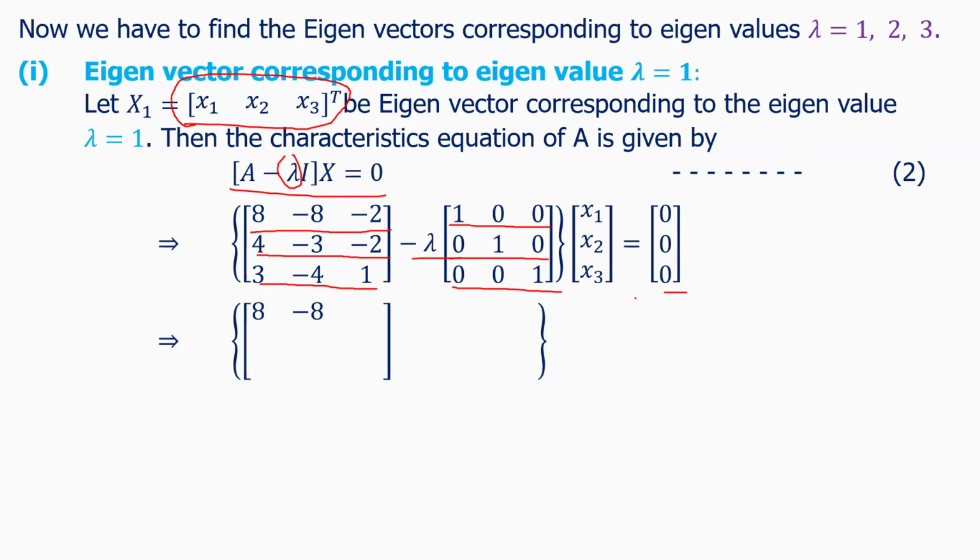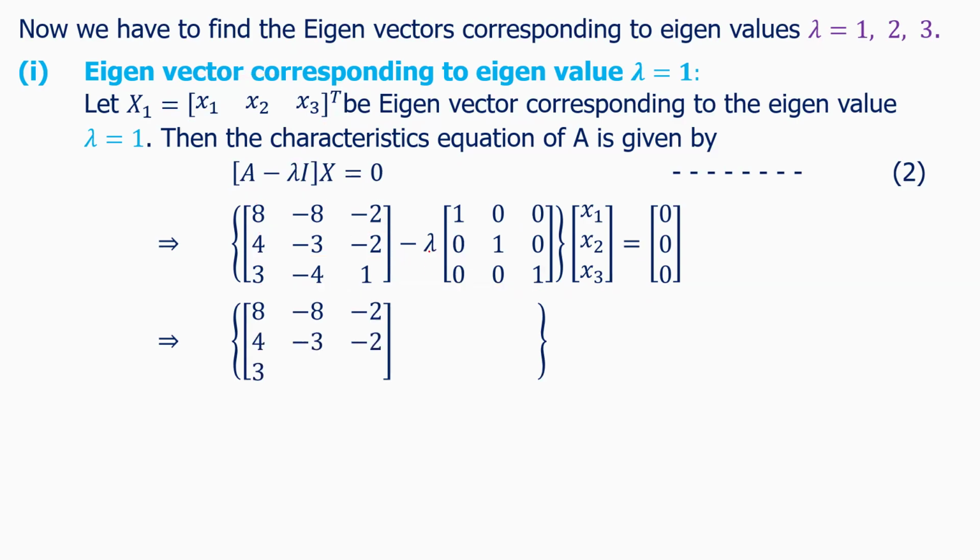This can also be written as, we are not changing anything in the first matrix, we just have to multiply lambda to the second matrix. So this is lambda, and this is lambda, the rest will be 0, times x1, x2, x3, which is equal to 0, 0, 0.